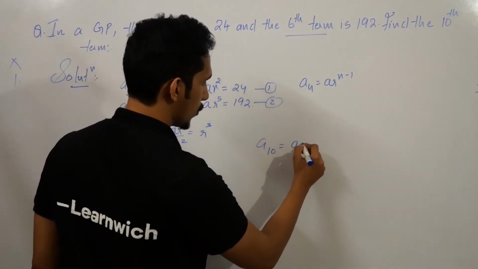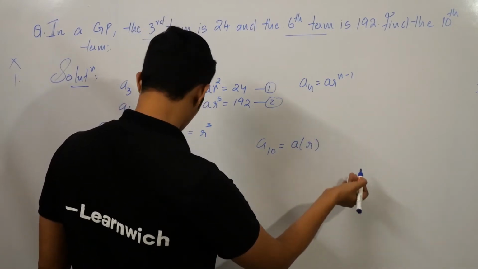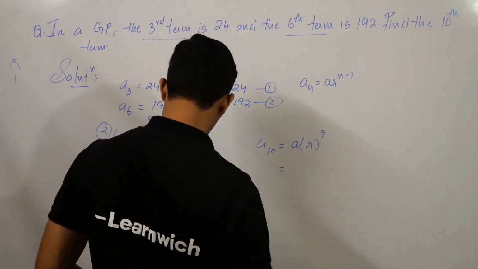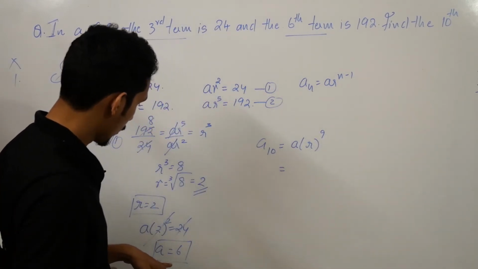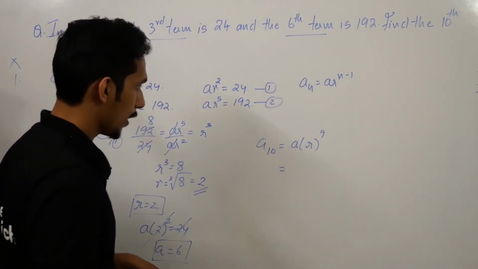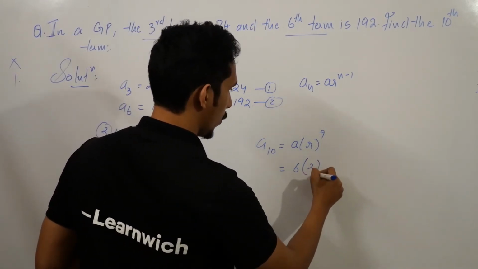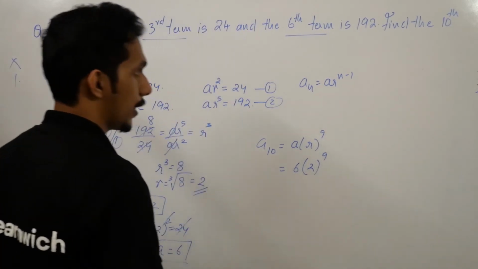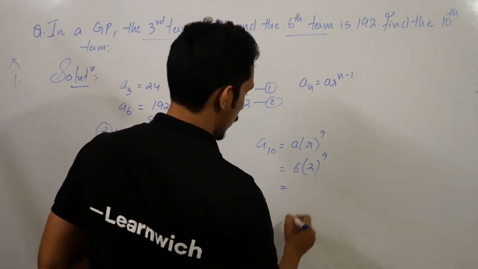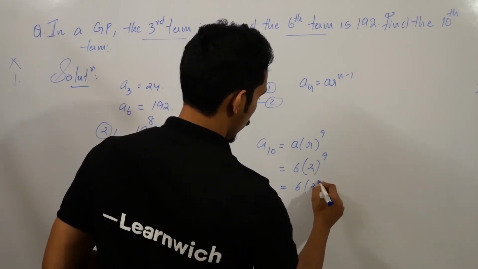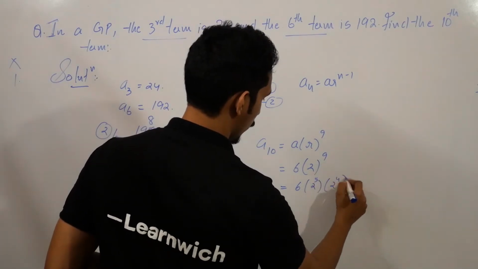A10 is A into R raised to 9, which is, A is 6, R is 2, 2 raised to 9. So that will be 6 into 2 raised to 5 into 2 raised to 4.